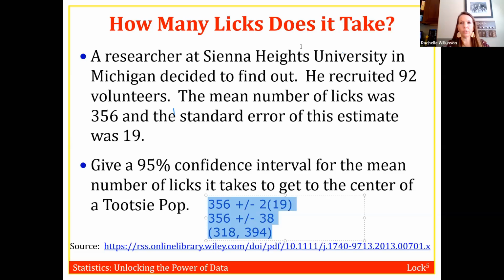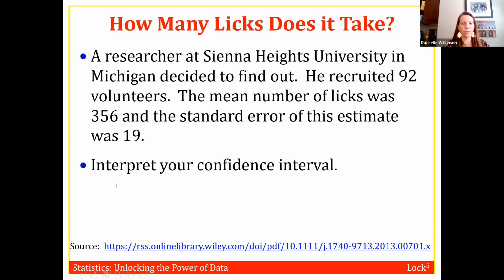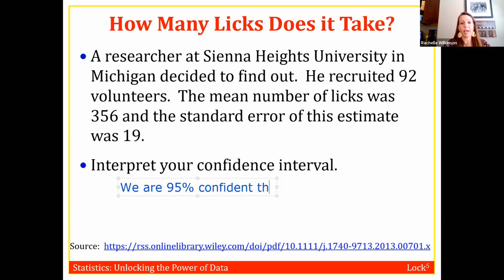So now all I have to do is interpret that confidence interval using our little pattern that we have going on here. So we'd say we are 95% confident that the true, okay, and now whatever we defined our parameter to be, that's what we're filling in right here.